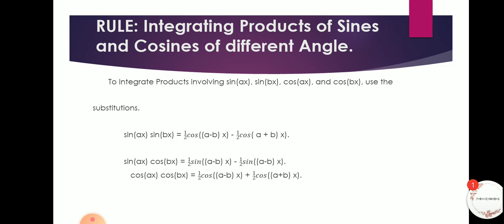Sine ax cosine bx equals 1/2 sine (a minus b)x plus 1/2 sine (a plus b)x. Cosine ax cosine bx equals 1/2 cosine (a minus b)x plus 1/2 cosine (a plus b)x. And that's all. Thank you.